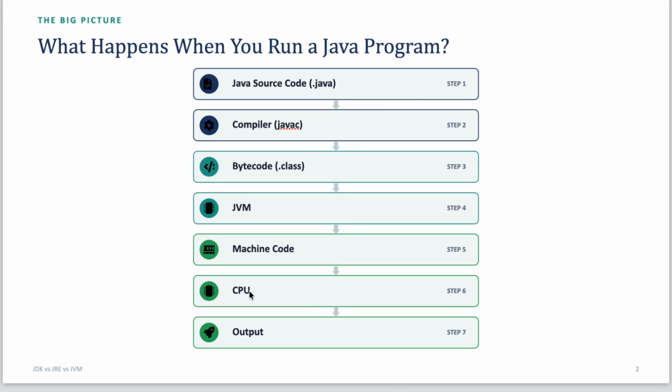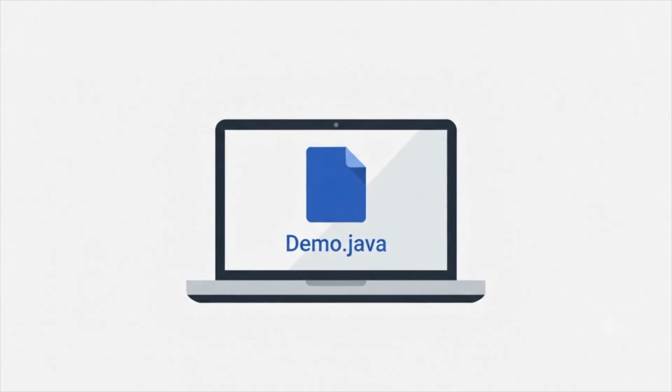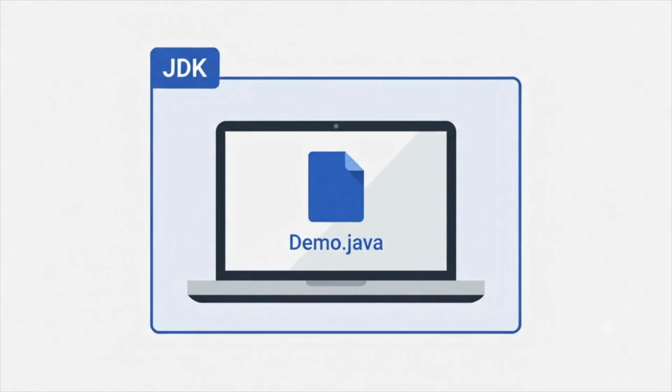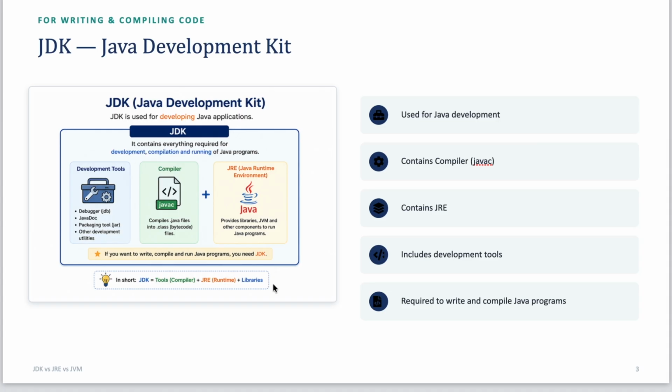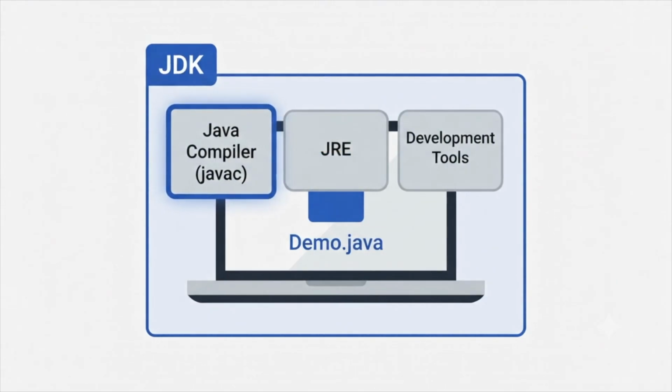Now we are going to understand what actually JDK, JVM and JRE are. So first comes JDK, Java Development Kit. This is the full development kit, which helps to compile and run the code. It contains the compiler, the development tools and JRE also. So JRE is already a part of JDK. Your Java Development Kit contains development tools, the compiler and the Java Runtime Environment.